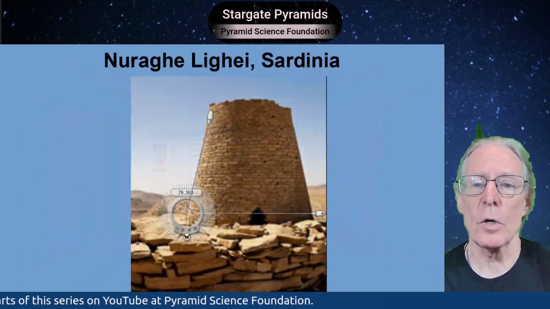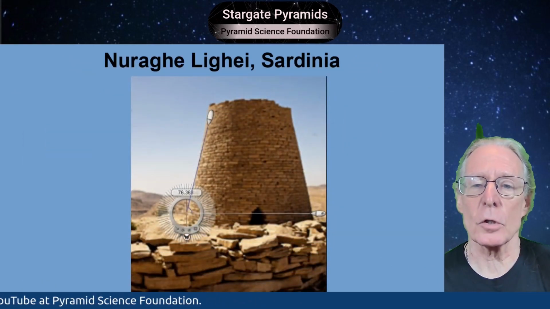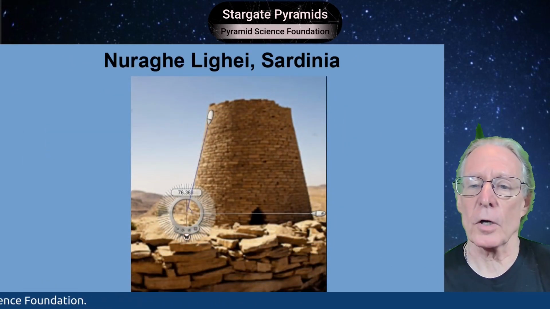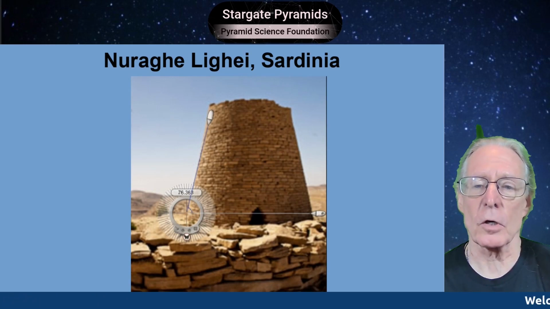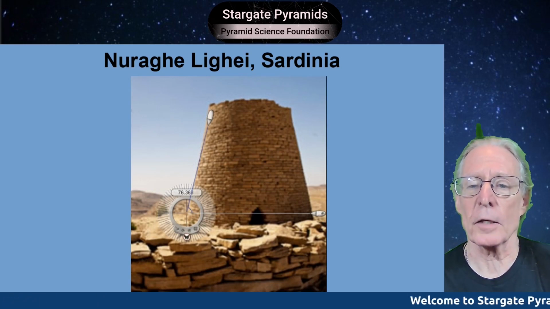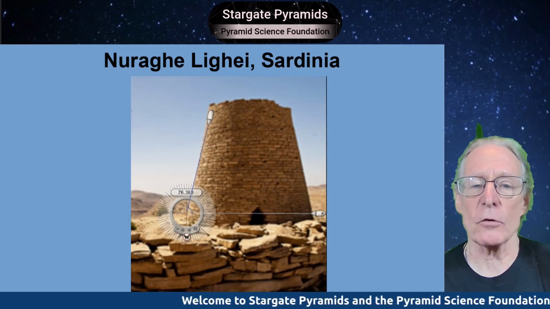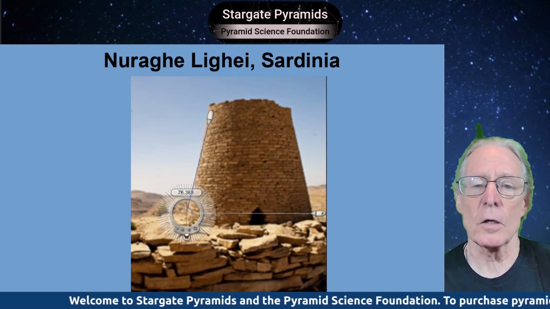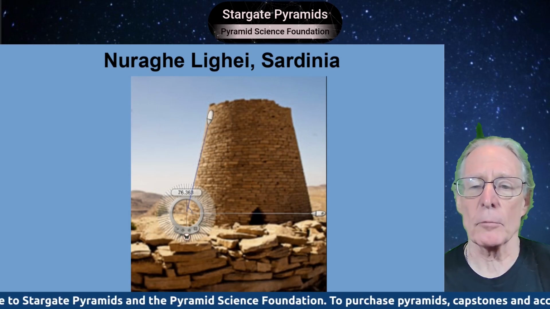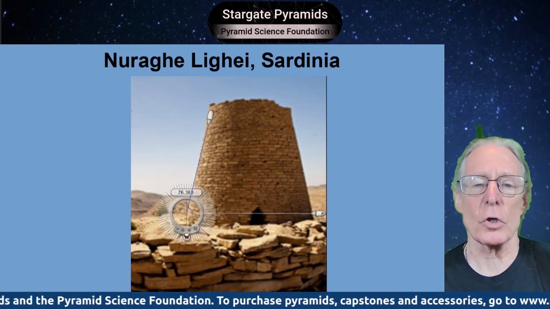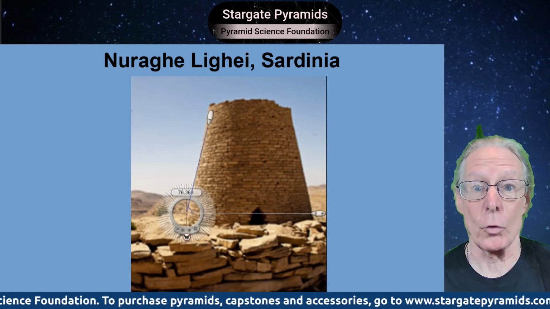So in part two, I started looking at ancient conical structures that we find throughout the world. I'm just going to go through one example. This is a Nuraghi in Sardinia. There are upwards of 10 to 20,000 of these that are found on this island. They all have this geometry. This geometry also shows up in ancient what we call forts.